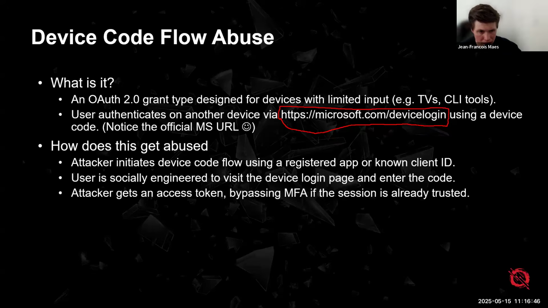I'm going to talk more about a known client ID in just a minute. Then the attacker is going to use a tool to basically generate a device code for you, and is going to try and social engineer you to insert that particular device code on your site.